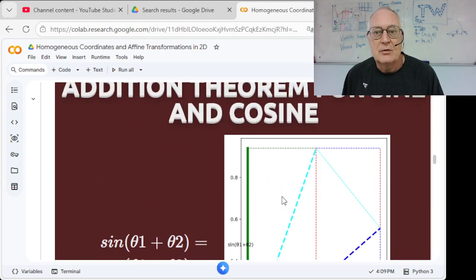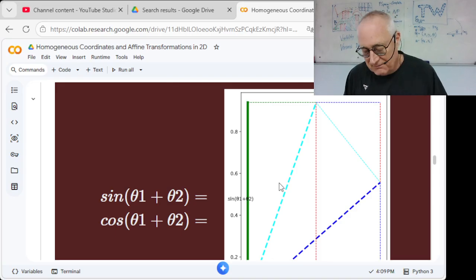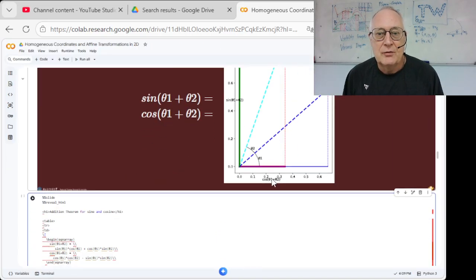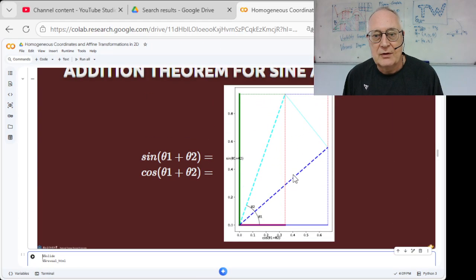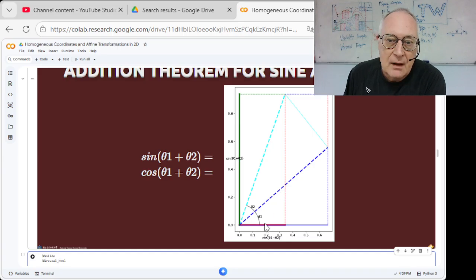And here, this is one of my favorite proofs, a graphical proof of the addition theorem for sine and cosine. So we have one angle here, the cyan line, which is unit length, and theta 1 plus theta 2. We have theta 1 and theta 2, and then we have to find the cosine of theta 1 plus theta 2, which would be this red line here.